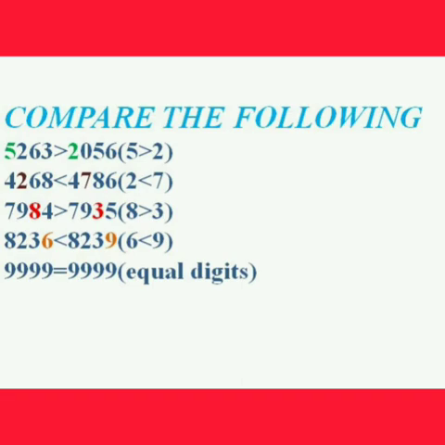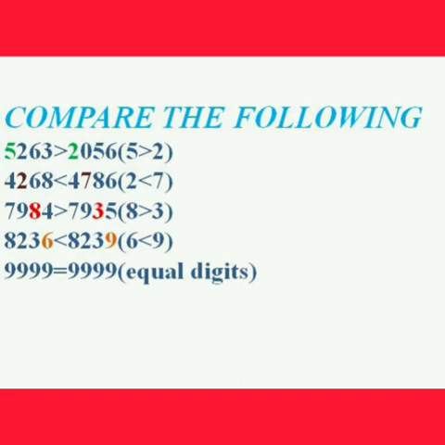Next comes comparing 7984 with 7935. Here both the hundreds and the thousands digits are the same. So we have to move into the tens place. Here 8 is greater than 3. So the number 7984 is greater than 7935. Next comes 8236 compared with 8239.